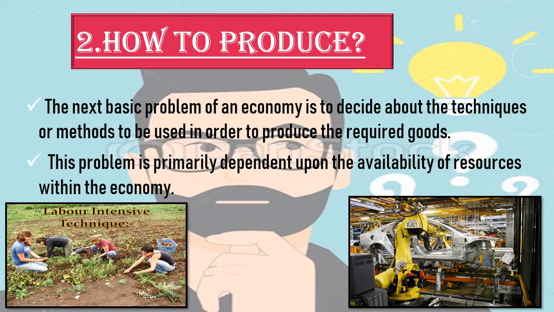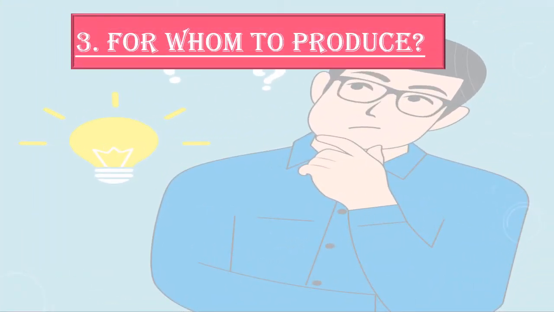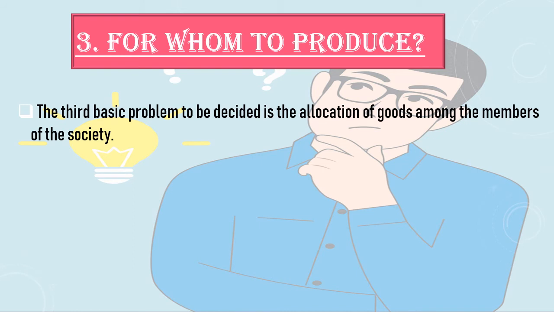So let's have a look at the third problem, that is for whom to produce. The third basic problem to be decided is the allocation of goods among the members of the society.